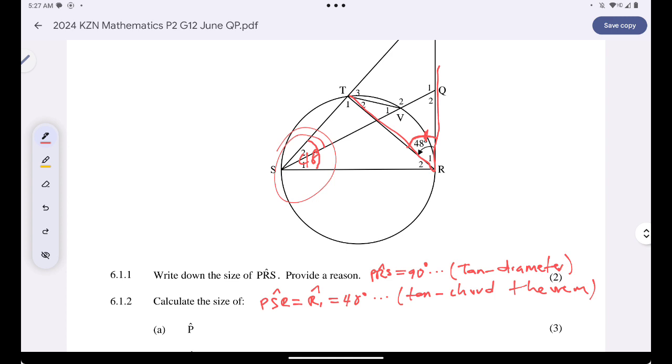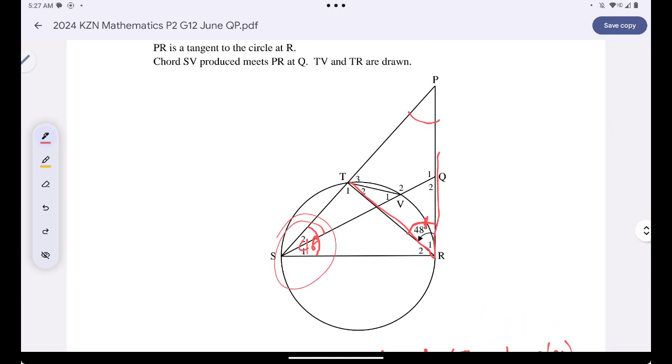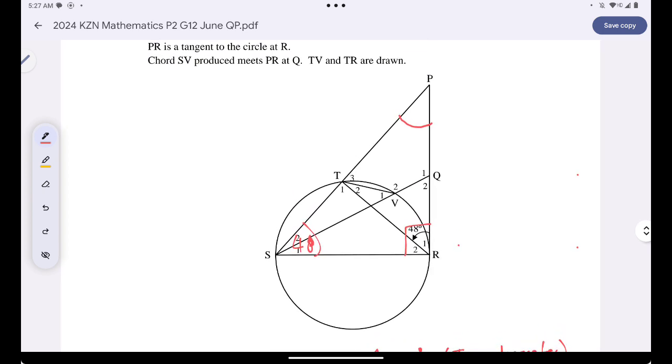All right, together. Okay, now we know the value of angles there. I know we have 48 here. I have 90 degrees here because of tangent and radius. I can find the size of angle P. How can I do that?